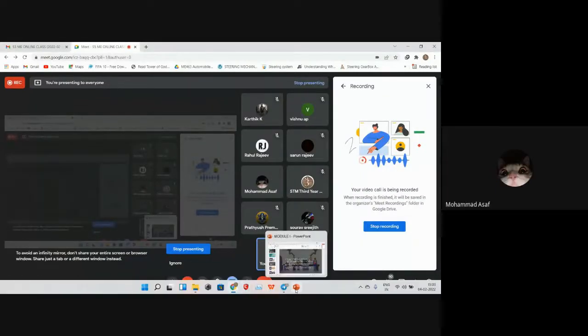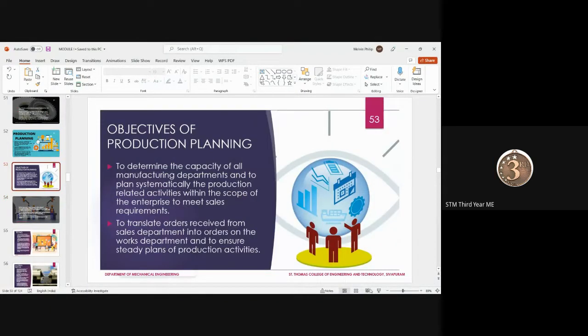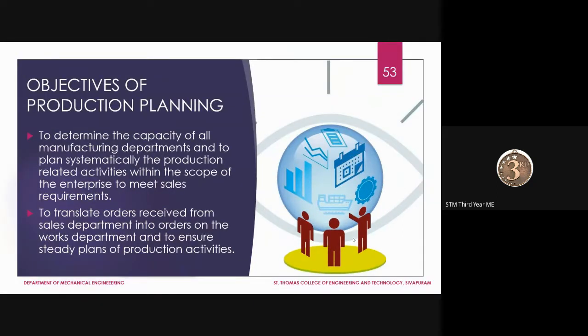Yes, sir. Okay. So we were discussing the objectives of production planning. We looked at the first point, that for meeting the sales requirement, we had to systematically plan all the activities related to that, and based on the activities that we are deciding, we have to translate what are the activities given to each department.